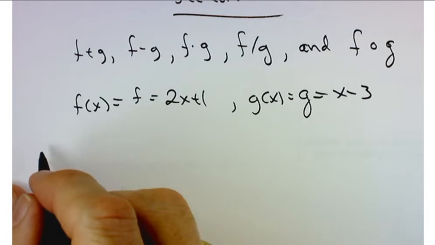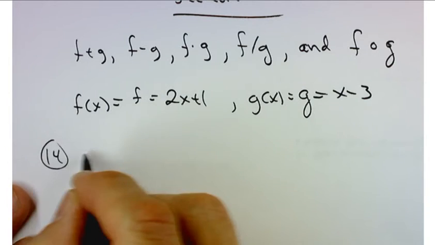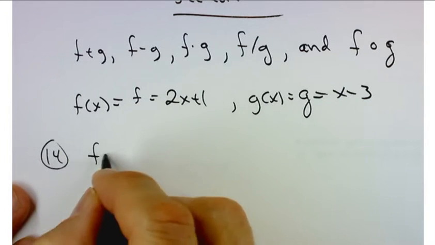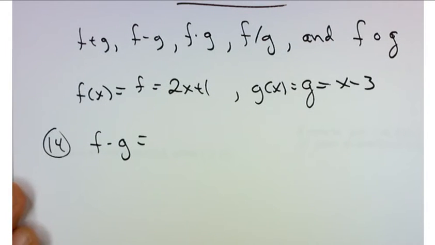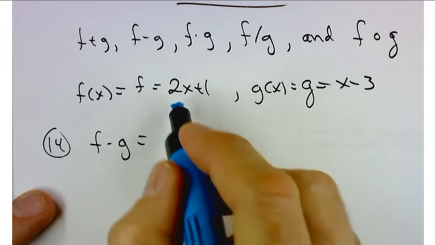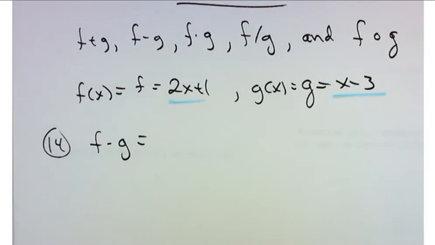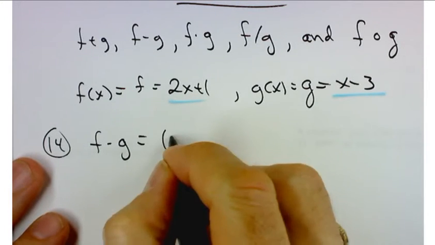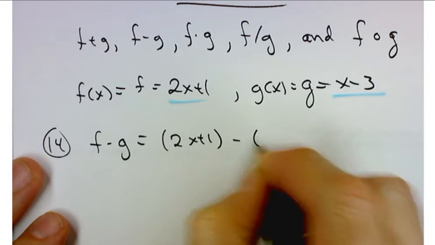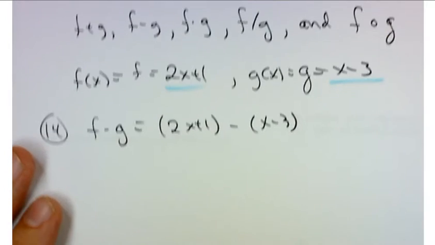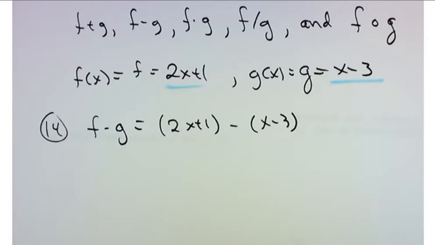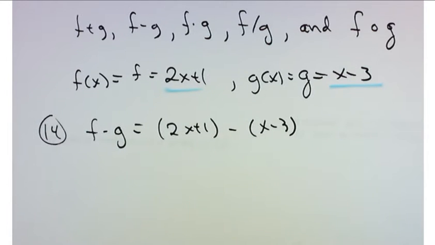We'll start by working problem number 14, which asks us to calculate f minus g. So f minus g is just asking you to subtract these two functions. It's going to be 2x plus 1 minus (x minus 3). The one simple place that you can make a mistake, if you're not careful, is by not distributing the negative to both of those terms.